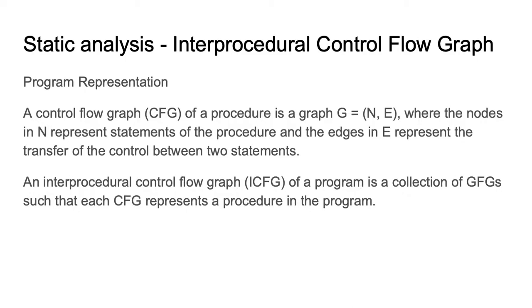It has nodes and edges. The nodes are statements, and edges are how these statements go one by one. An interprocedural control flow graph is a collection of control flow graphs that are connected together. Each procedure is connected with another procedure and another procedure, and so on. But in my presentation, I will be using CFG and ICFG interchangeably.